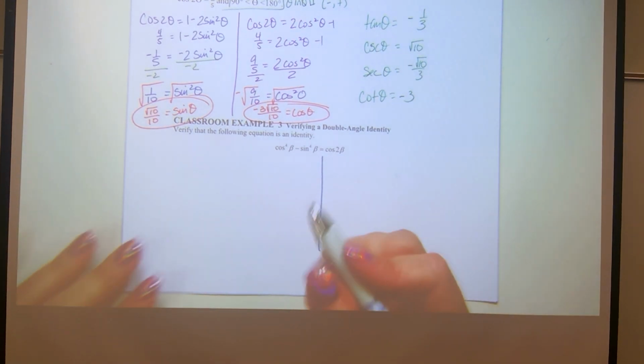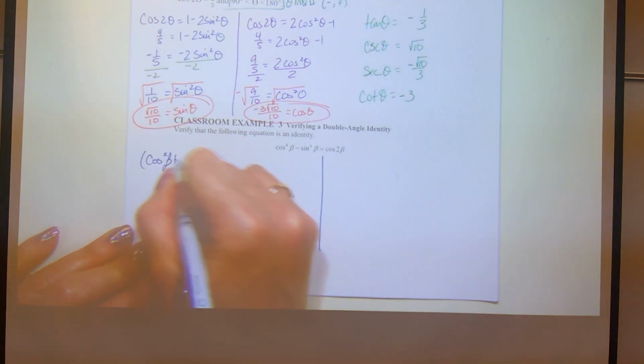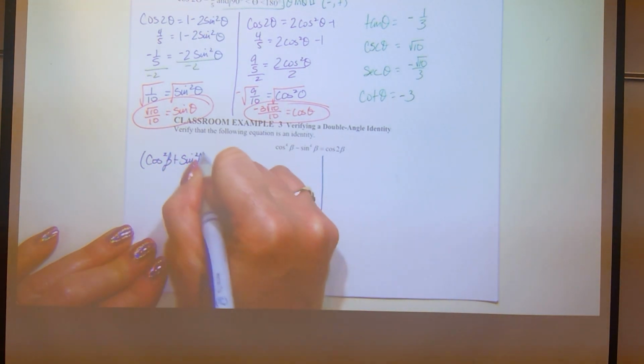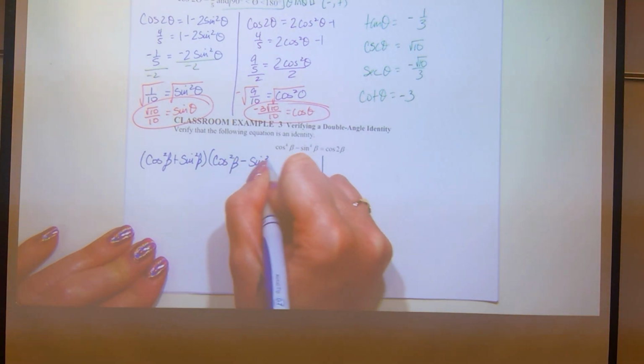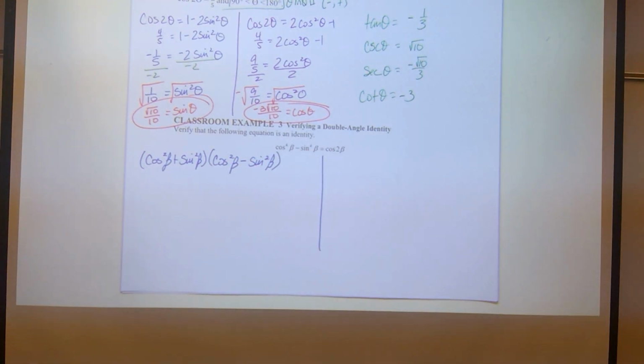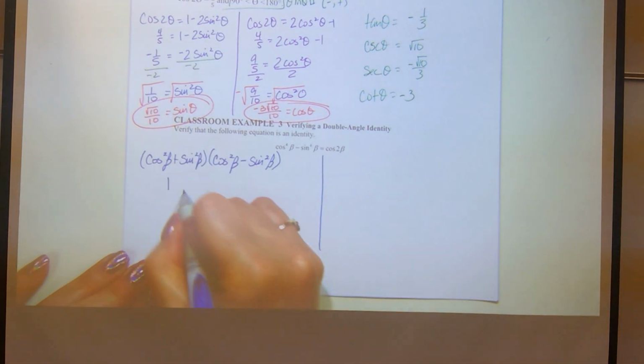So let's start there. Let's do cosine squared beta plus sine squared beta times cosine squared beta minus sine squared beta. Do either one of those look like an identity to you? I hope that answer is yes. This first one is my Pythagorean identity. That is just one.